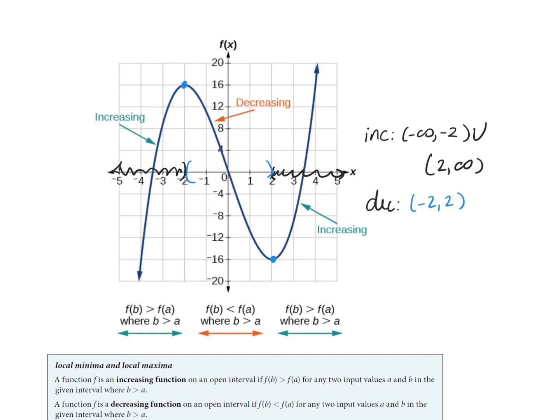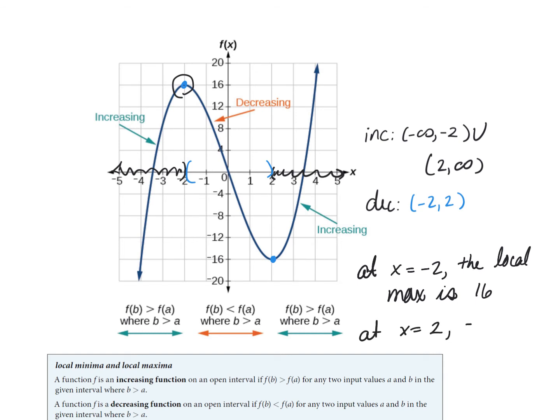So I would say when x is -2, the local max is 16. And I'm not going to give it as an ordered pair. And then I'd say at x equal to 2, the local min, or minima, if you want to write it all the way out, is -16.